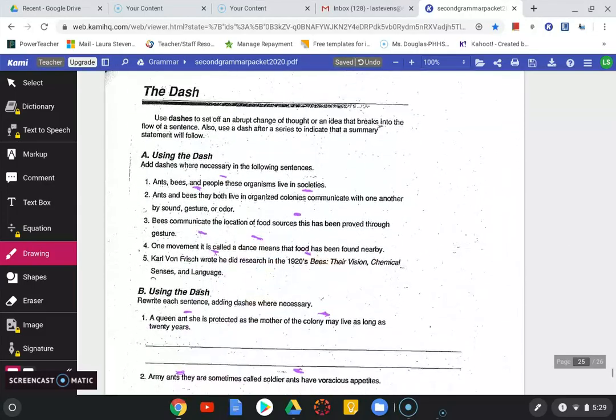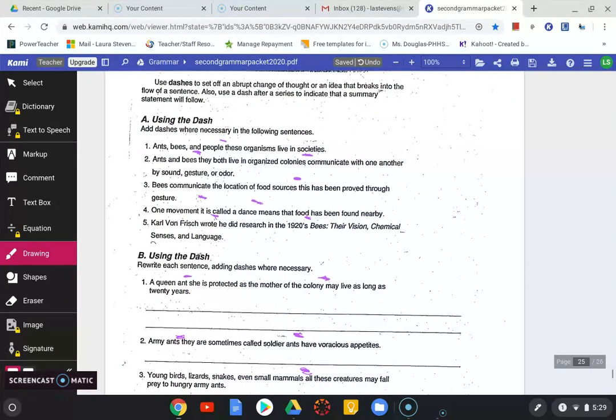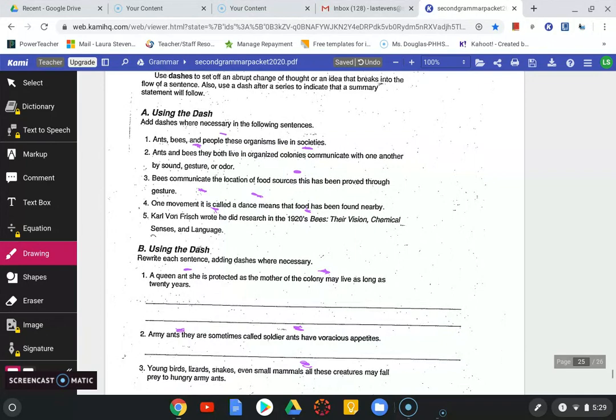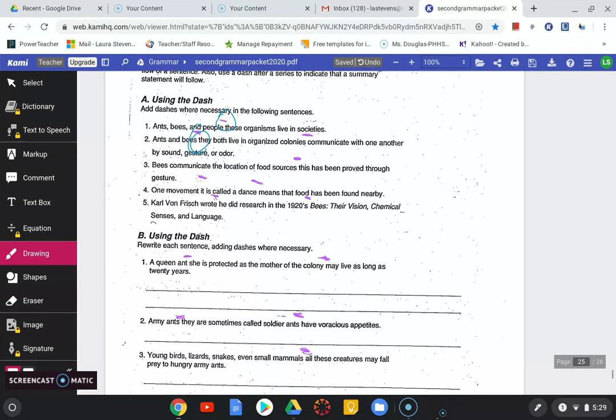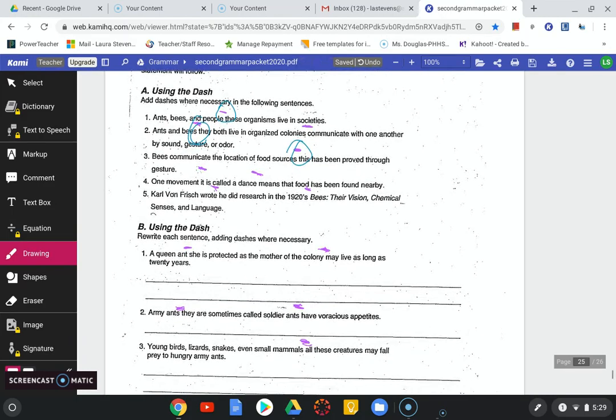Because that's super easy. Just making sure that you guys have all these dashes. Ants, bees, and people. Dash. Ants and bees. Dash. Sources. This, right? One movement is called a dance. So there's some random dashes on here.